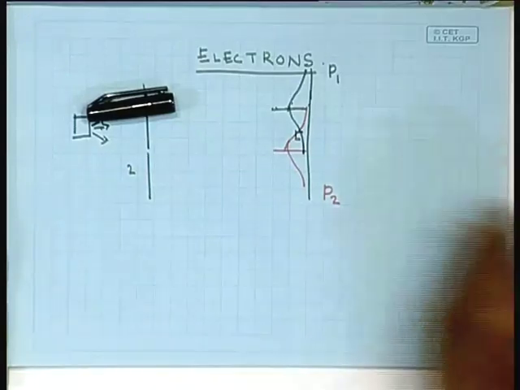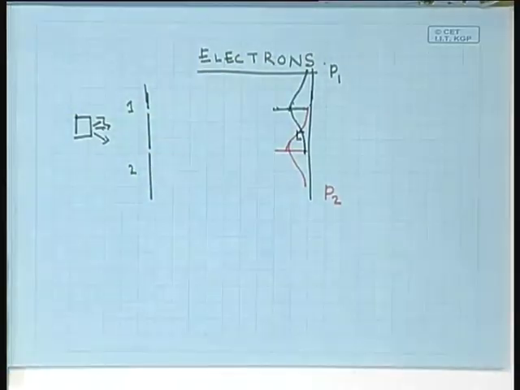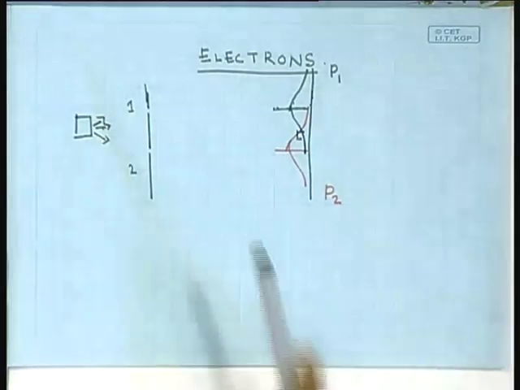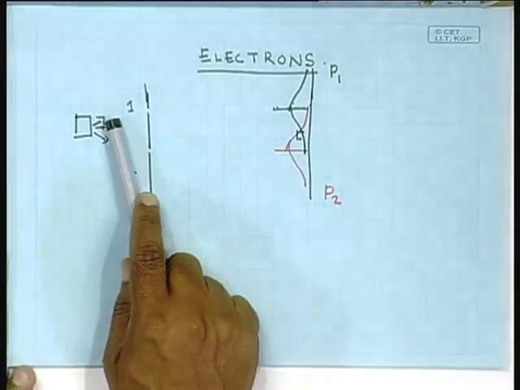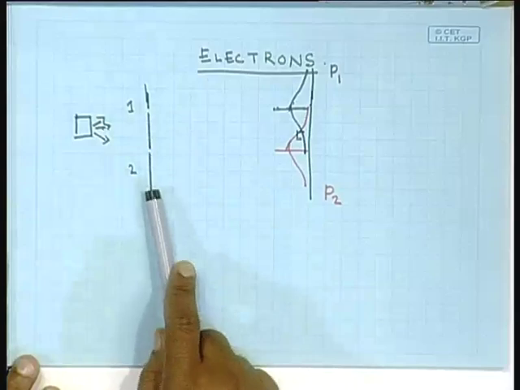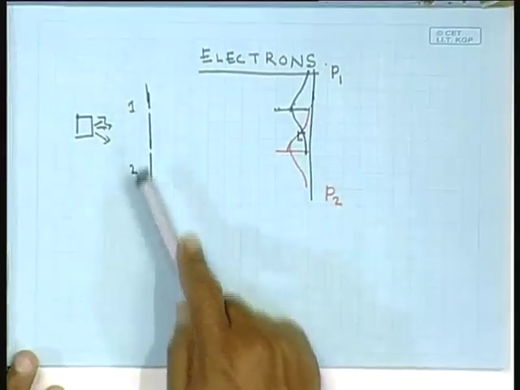So, let me remind you again, we are sending out electrons from this electron source. Electrons are sent out as discrete particles. The electrons can go through the slits or they can get absorbed in the region outside the slits.